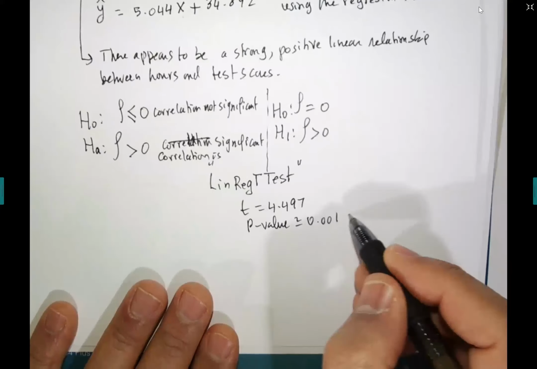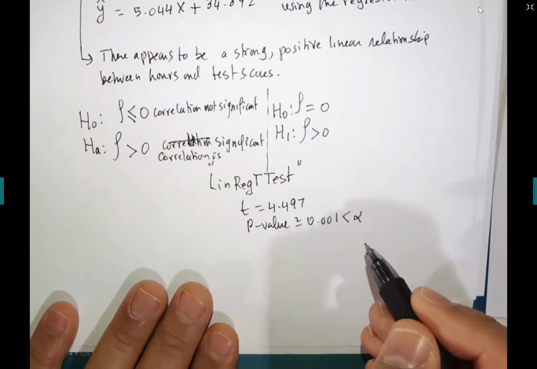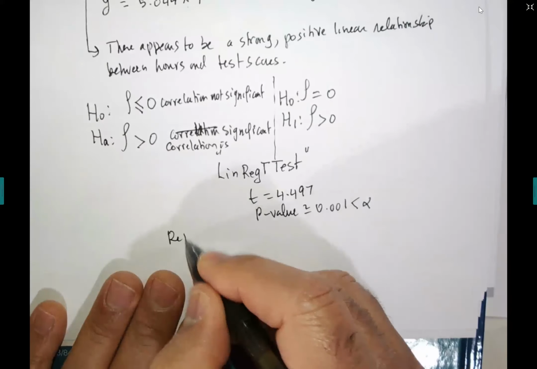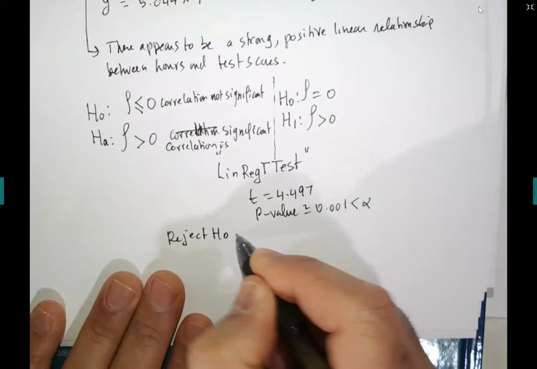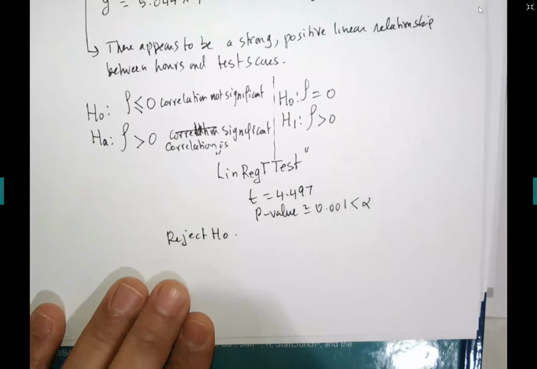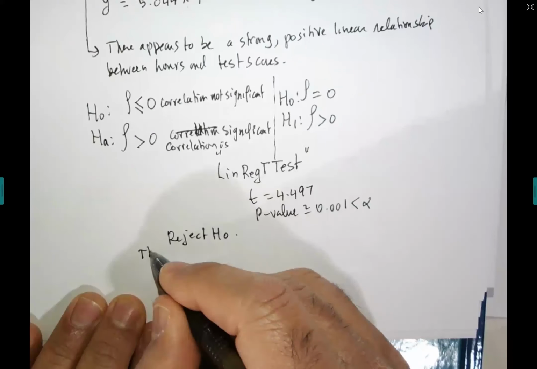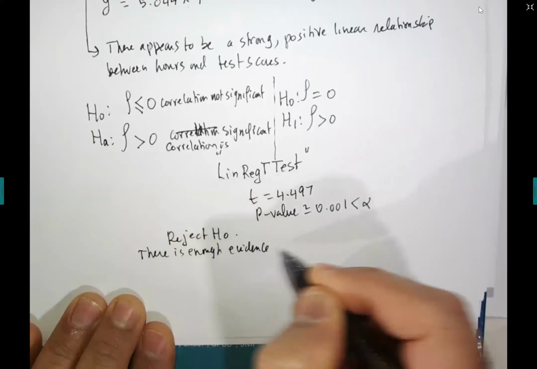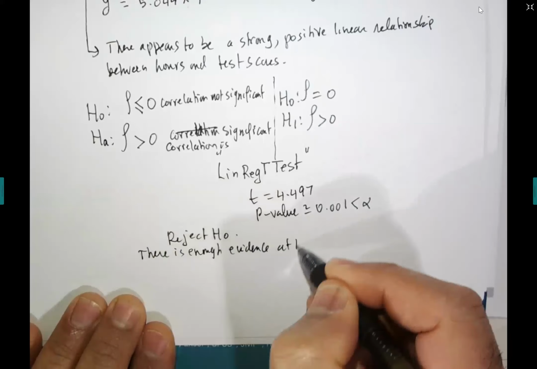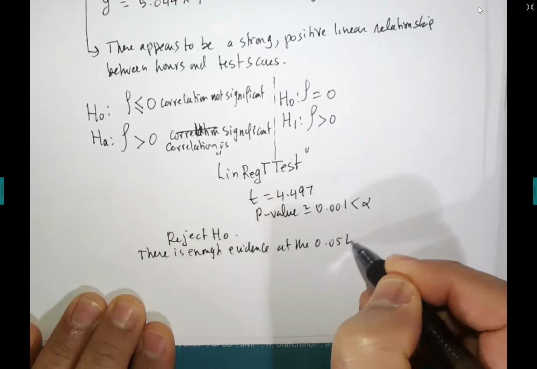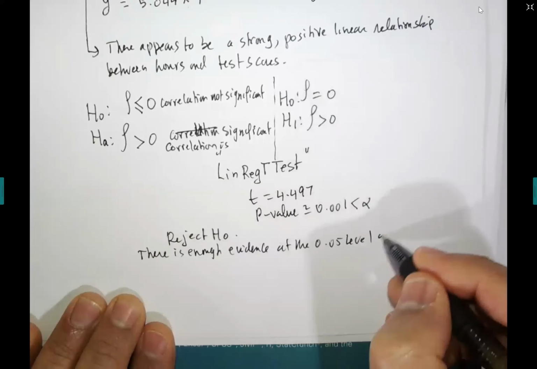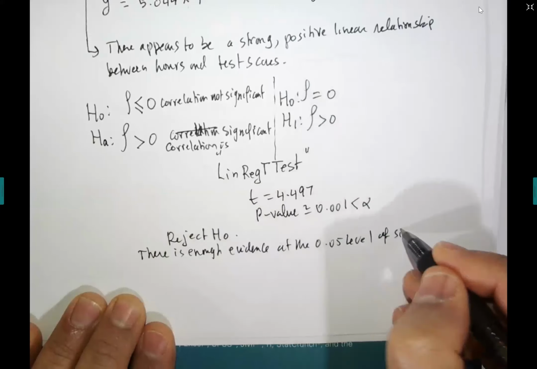It's less than alpha. And if it is less than alpha, what's the decision? To reject H0. And if you reject H0, you say, there is enough evidence at the 0.05 level of significance. I don't know if it was 0.05, it doesn't matter. Whatever it is, it will work here.